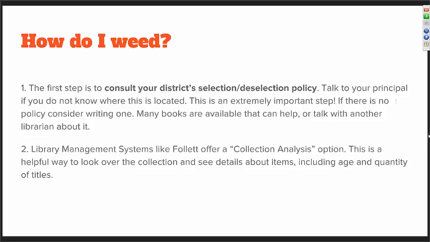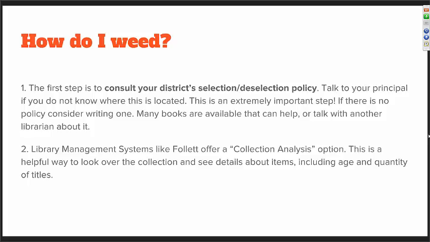little bit, Jacqueline. Another thing about weeding and the process of it is some library management systems like Follett offer a collection analysis option. If you've uploaded your collection and allowed the collection analysis to happen, you can then look at a report and it will show the age of your books.